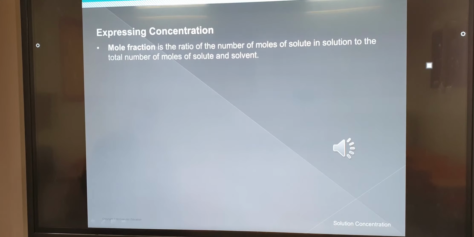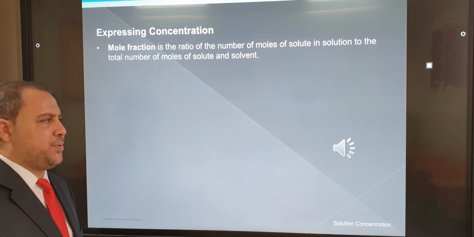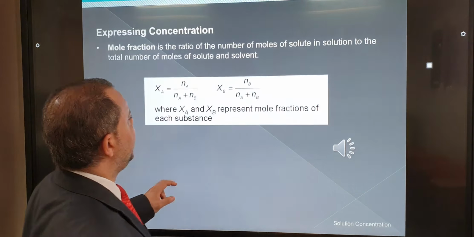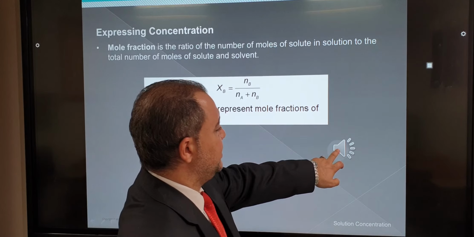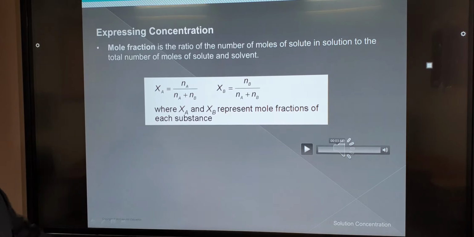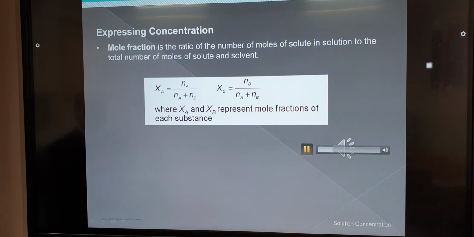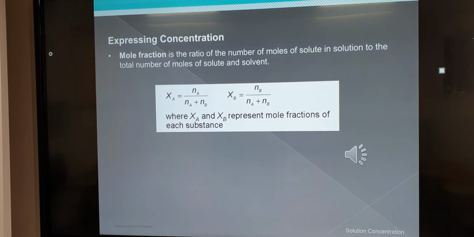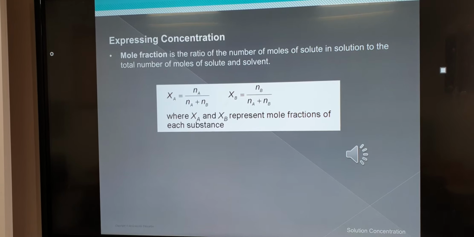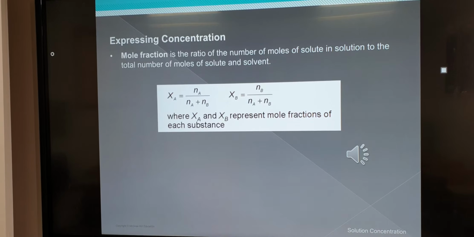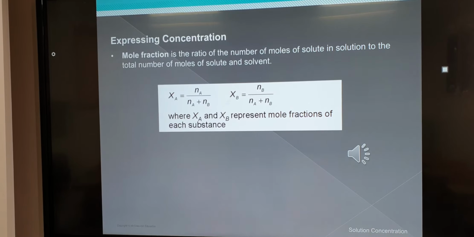After that, mole fraction, the last part. Okay, listen please. Expressing concentration: mole fraction is the ratio of the number of moles of solute in solution to the total number of moles of solute and solvent.